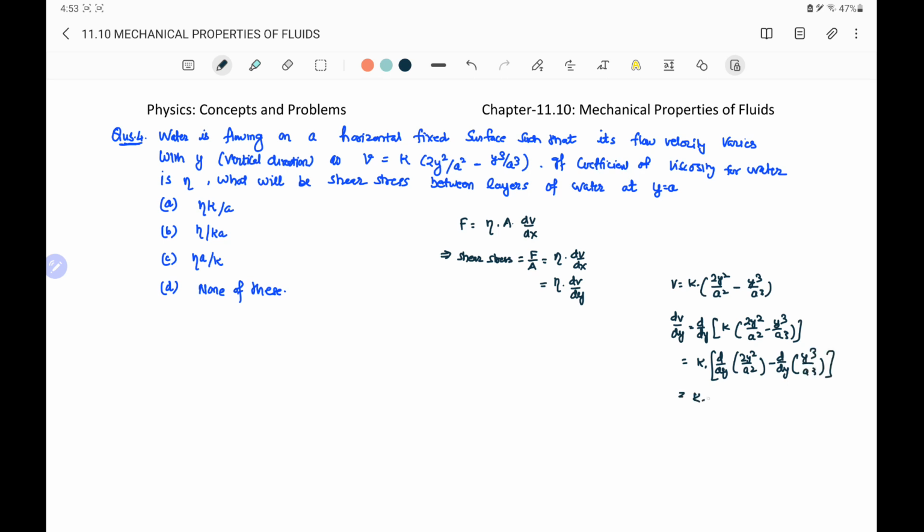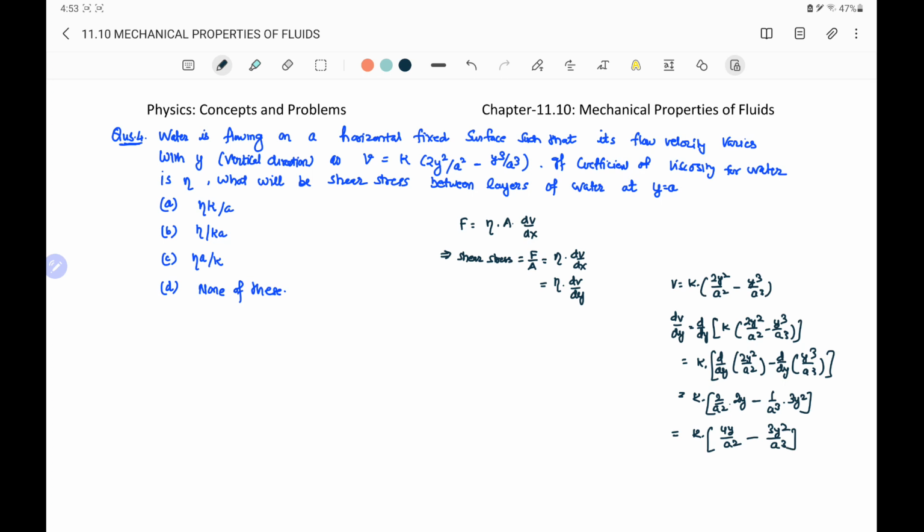It is equal to k into, 1 by a² is constant, so it is taken out, and the differential of y² will be 2y, minus, here 1 by a³ is constant and the differential of y³ will be 3y². So it will be equal to k into (4y/a² − 3y²/a³).